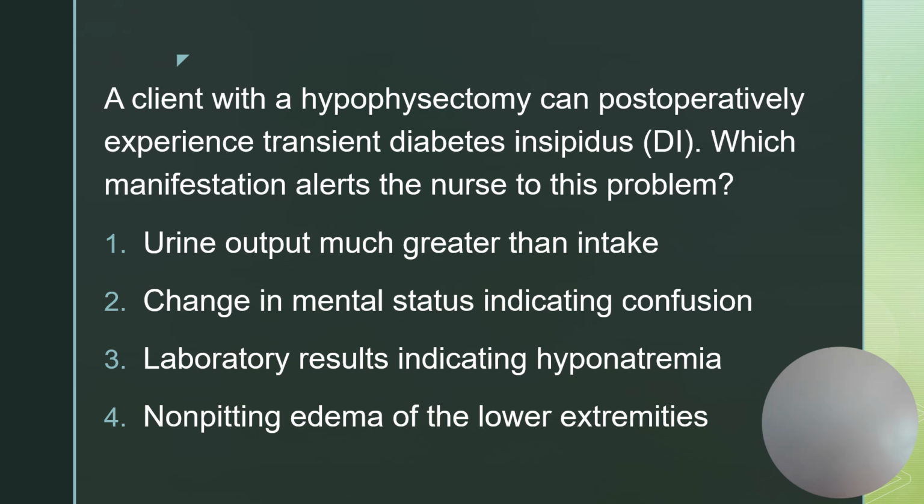A change in mental status indicating confusion? Laboratory results indicating hyponatremia? Or non-pitting edema of the lower extremities? We know diabetes insipidus is peeing out very large amounts of fluid. The correct answer is number 1.